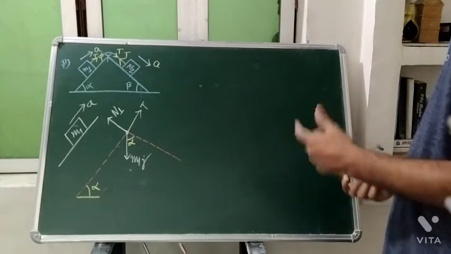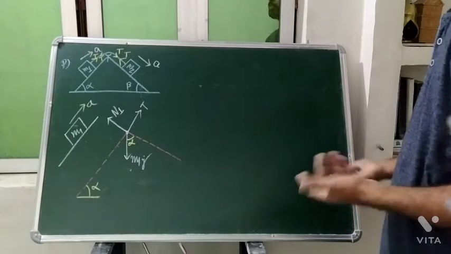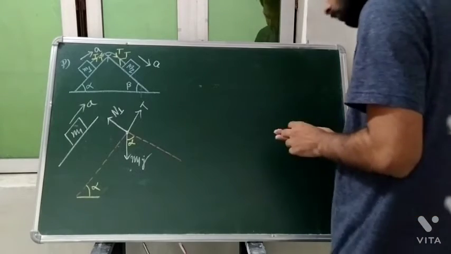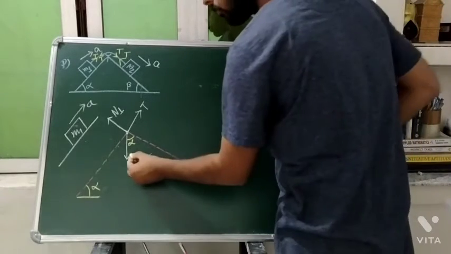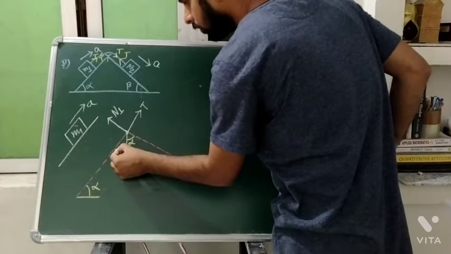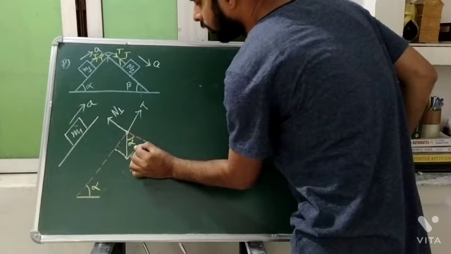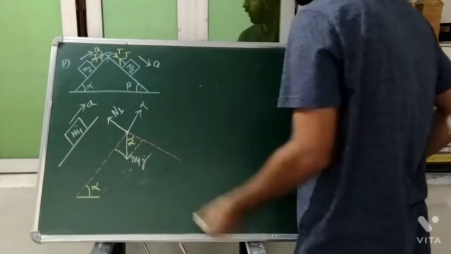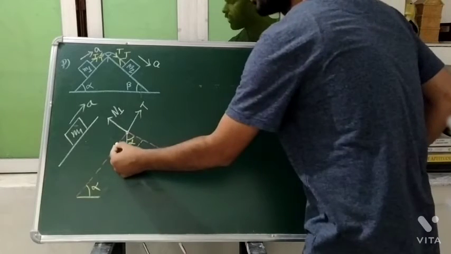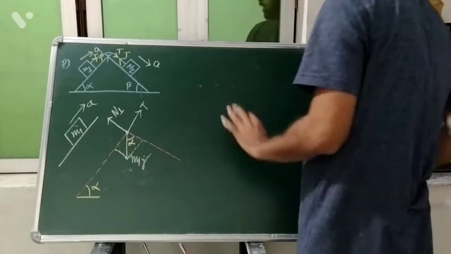So student, we will resolve it along the contact surface and perpendicular to the contact surface. When you resolve, you will get a kind of right angle triangle. You will not choose this triangle, and no one will put alpha here. Where will alpha be formed?